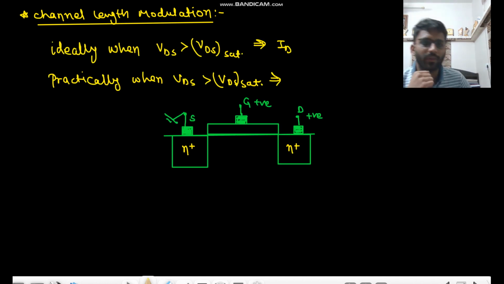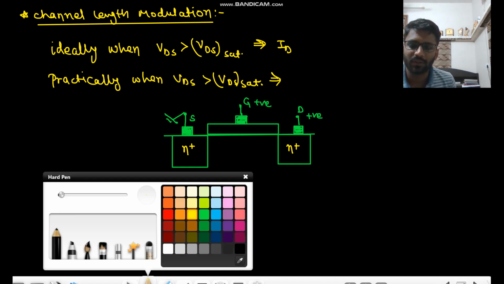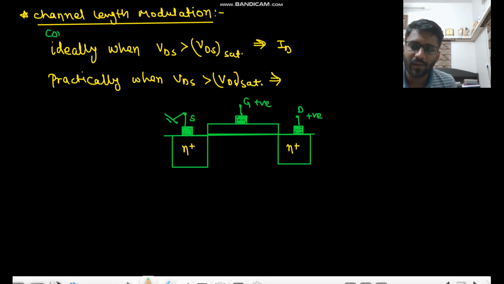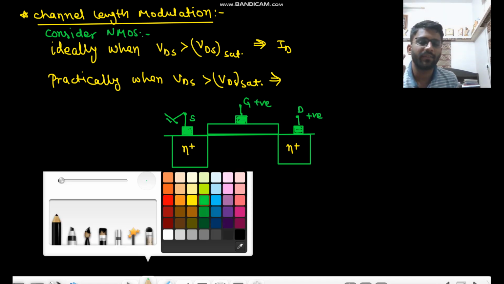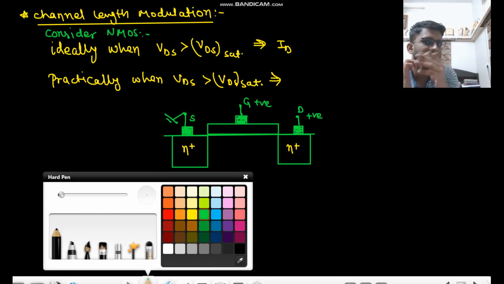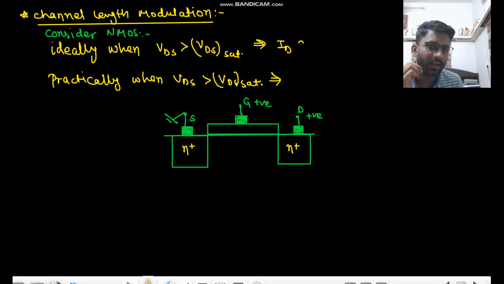Hello everyone, now we will study channel length modulation. Ideally, considering NMOS, in the transfer characteristics we have seen that when VDS is greater than VD saturation, the current ID saturates; the ID current is constant.